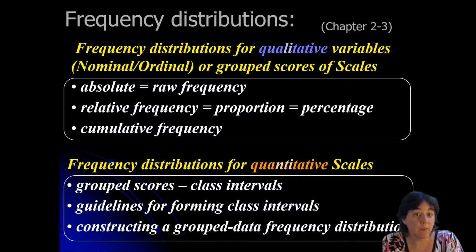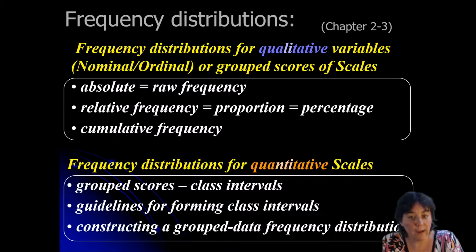We can have relative frequency values, that is proportion and percentage, and cumulative frequency, which is probably a new term for most of you. For quantitative scales, on the other hand, I will show this in the second part, we have to make grouped scores, class intervals, in order to be able to draw a histogram or a polygon.